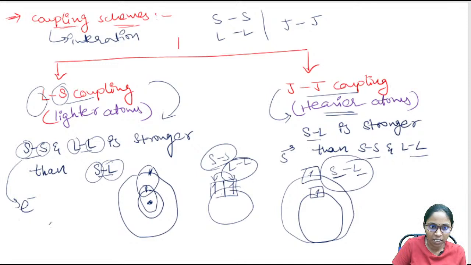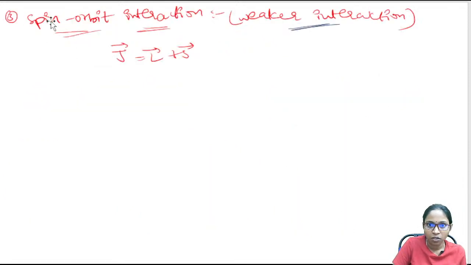For LS coupling, spin orbit interaction is a weaker interaction, and the orbital angular momentum and spin angular momentum combine to give you the total angular momentum.